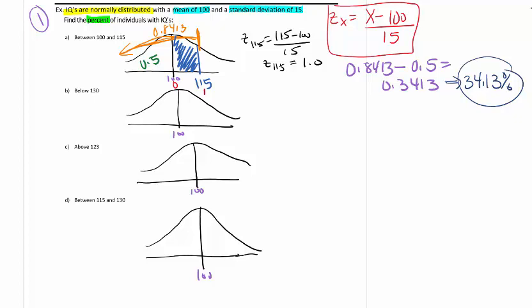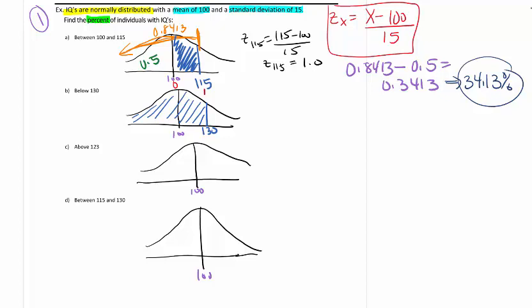All right, so we're going to go to B. We're going to draw it first. So it tells me below 130. So 130 is above the mean. So we draw it first, which was the order. We're now going to standardize it second, and then we go to the chart. So draw, standardize, chart.